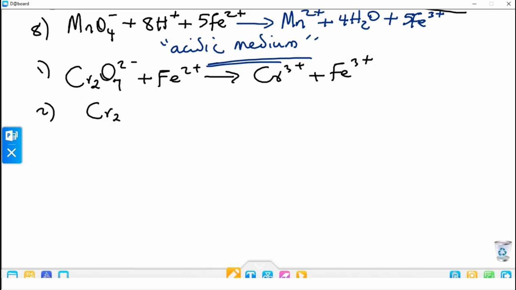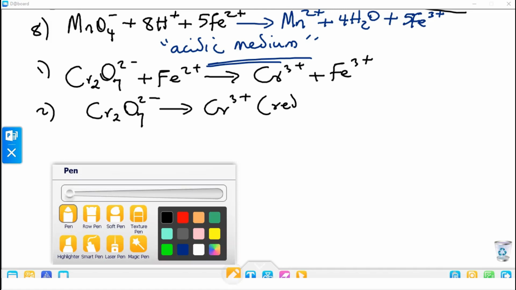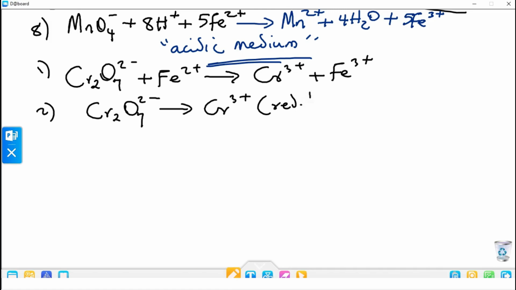We write out the half cell reactions. So to write out the half cell reaction, chromium has gone from chromium 6 to chromium 3. This is the reduction half cell reaction. So the next is iron.